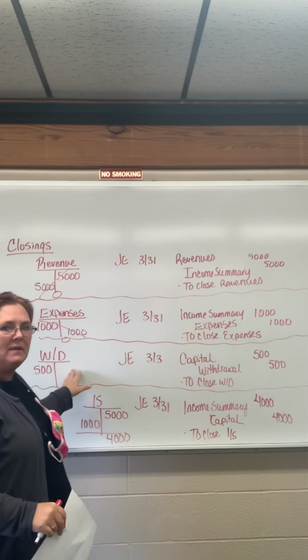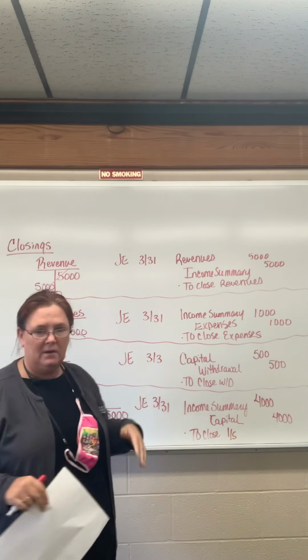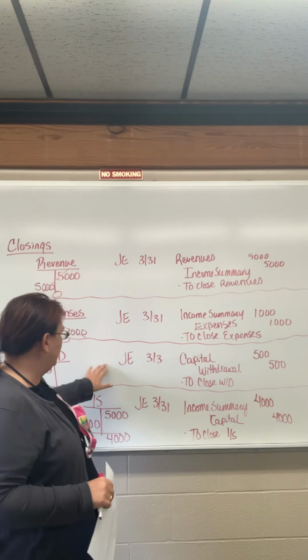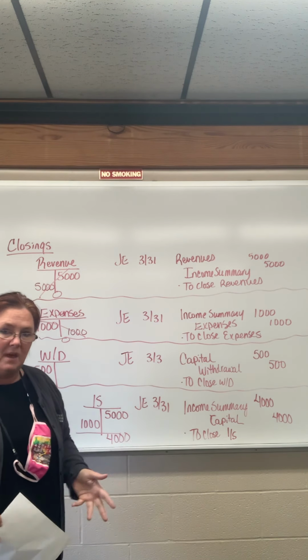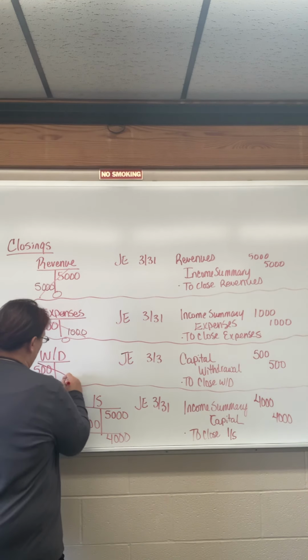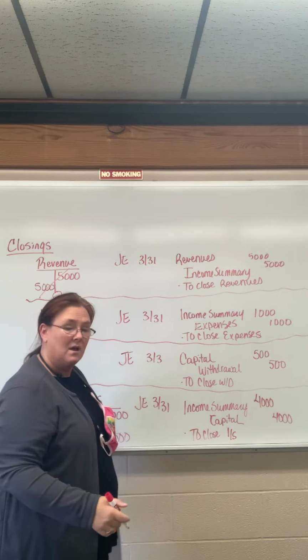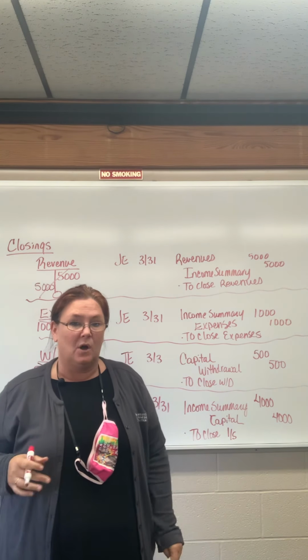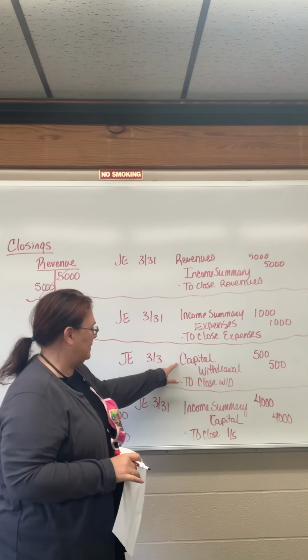Here's where I made the mistake this morning, and I apologize. It was just going really fast. I wasn't thinking very much, so I want to make sure before we get into practicing them wrong: a withdrawal is always a debit. Therefore, in order to close it, we have to credit withdrawals, which I did right here, and that was perfectly correct. But this account does not go into the income summary account. This account goes into the capital account.